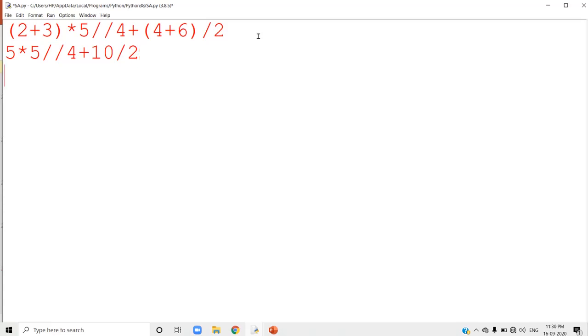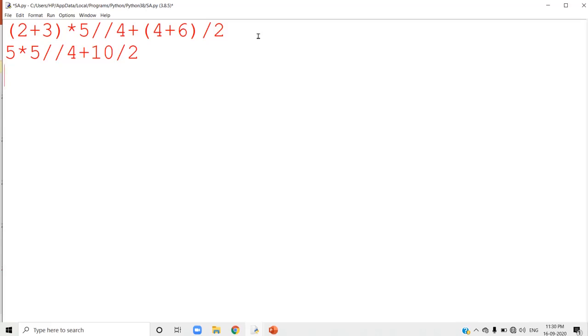Now we have into, integer division, plus, and again division. Into, integer division and division have the same precedence, so they are evaluated from left to right.